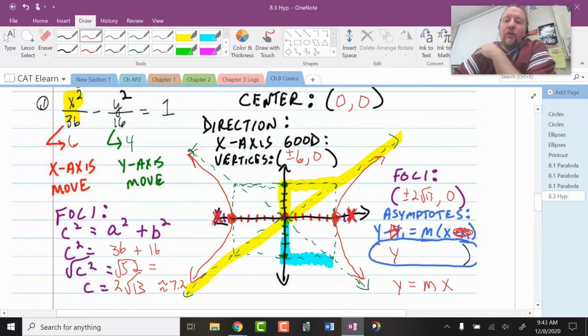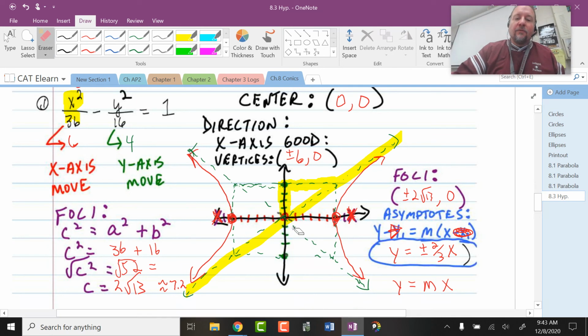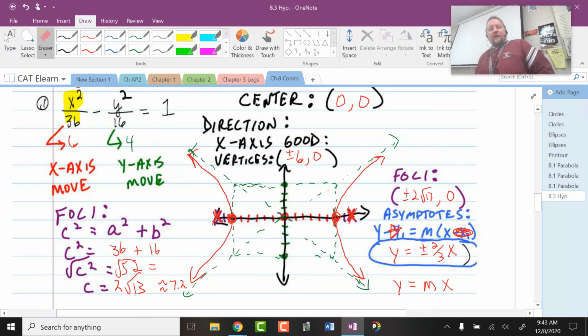So your equation, 4 over 6 is 2 over 3, for both of these. Plus minus 2/3 x. That's a simple equation of a line. That's the equation of both of those asymptotes. So it's really great. It's really simple to find these things. It ain't no thing. Chicken wings.